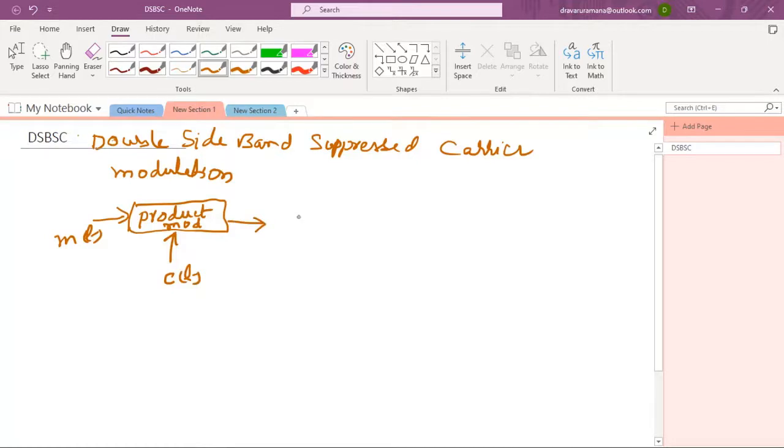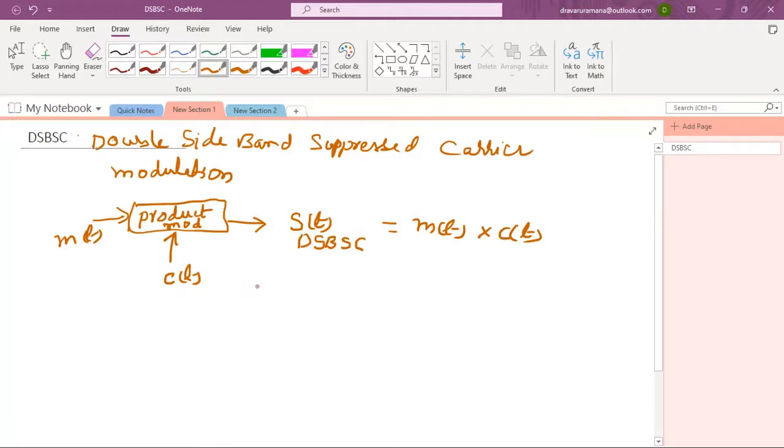We will be getting the modulated signal called DSBSC, double sideband suppressed carrier modulation scheme. So s(t) is nothing but message multiplied by c(t). Let us see whether we are getting two sidebands or not.